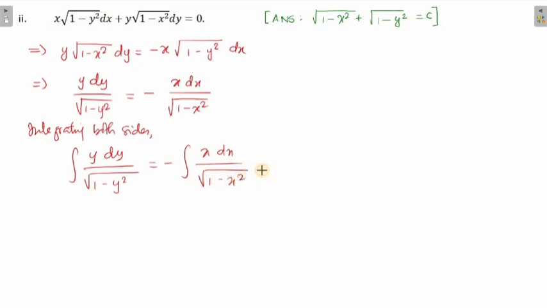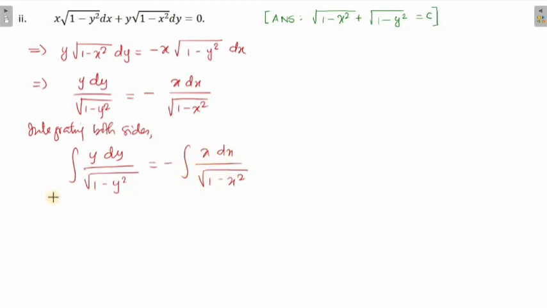Now if you observe here, both the integrals are same. So if you integrate any one of the integrals, then you will get the answer for the other one also. So I'll just evaluate this. We will get the answer of the other in the same way.